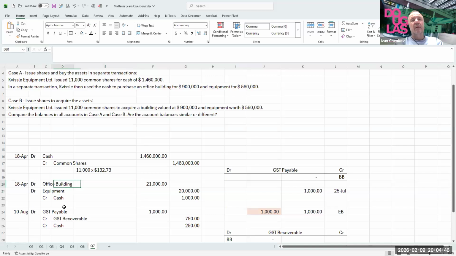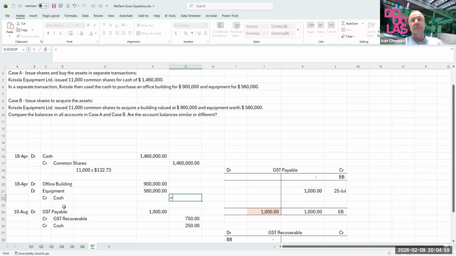How much was the office building that they purchased? 900,000. The equipment was for 560,000. And how much cash did they use? I believe they used the entire cash. That's one option. Now let's go with part B.